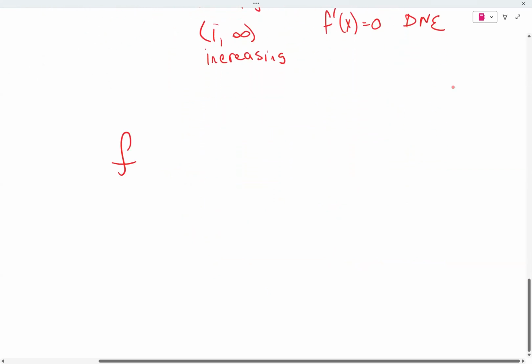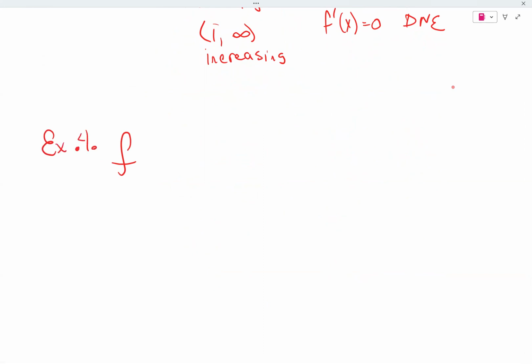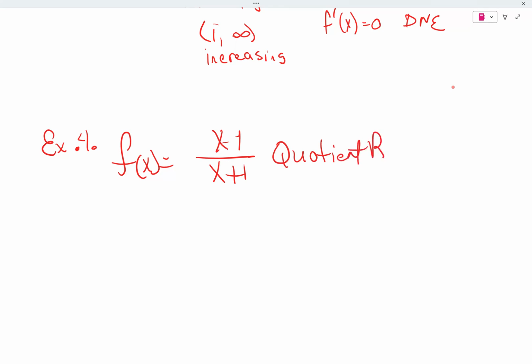On this one, we can call it example 4 if you wish. It's saying f of x is equal to x minus 1 over x plus 1. And if we use the quotient rule, obviously because we're dividing two functions, we're going to find the first derivative using the quotient rule.